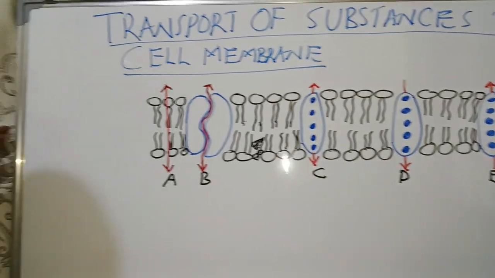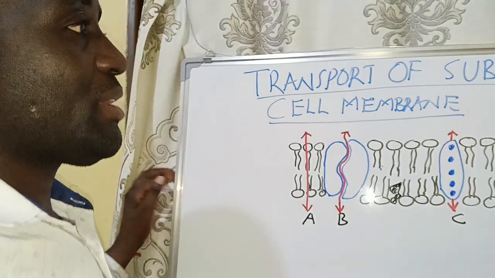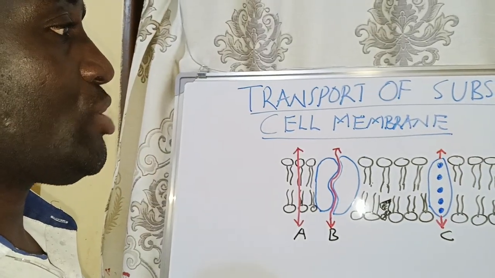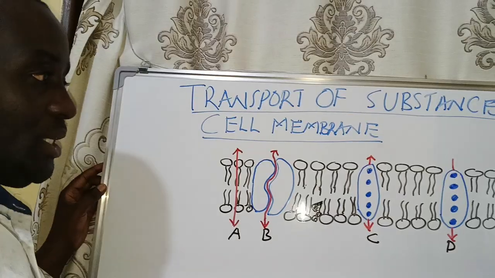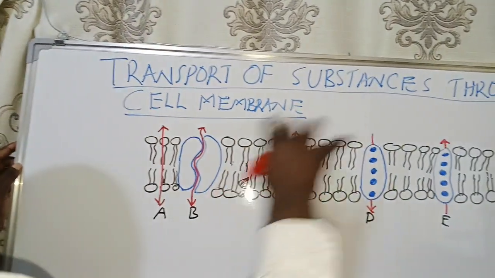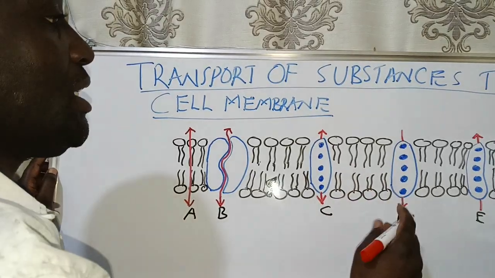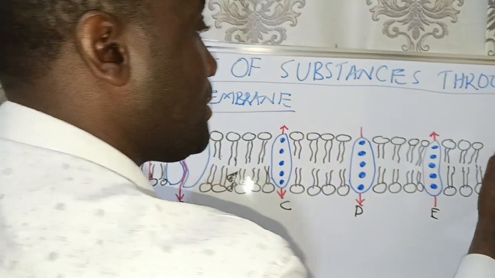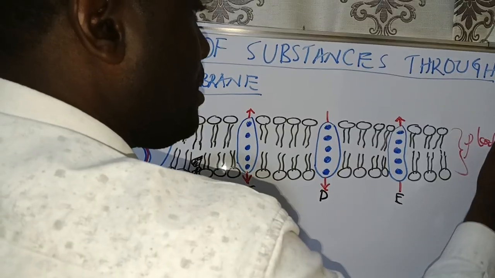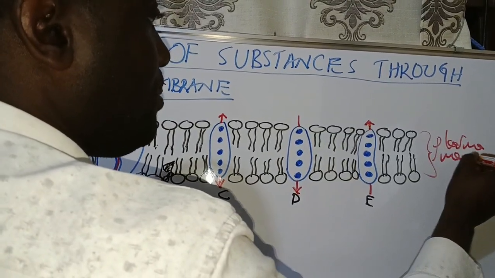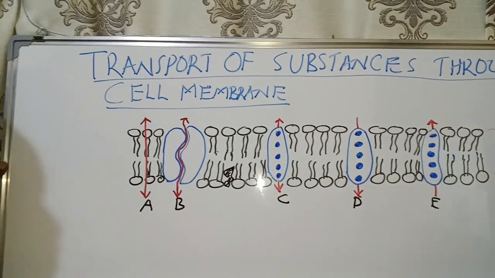Transport of substances through cell membranes is one of the mother concepts a biologist should know, because we know that what delineates cells is the plasma membrane, which we already discussed is a phospholipid bilayer.